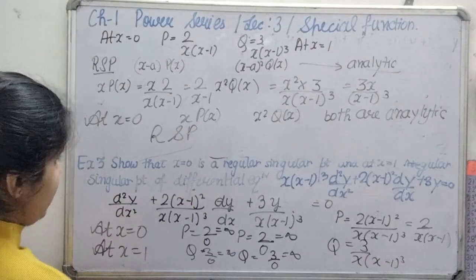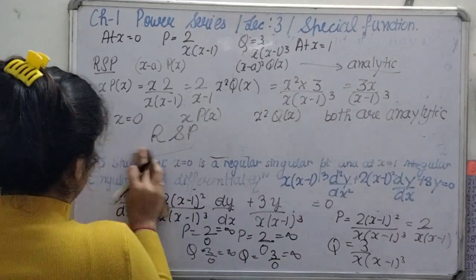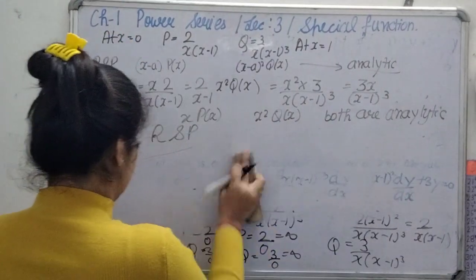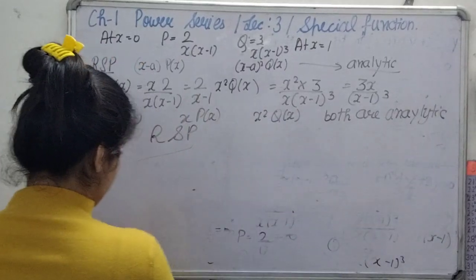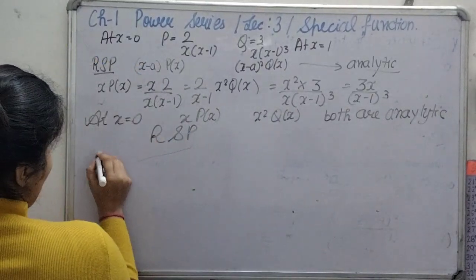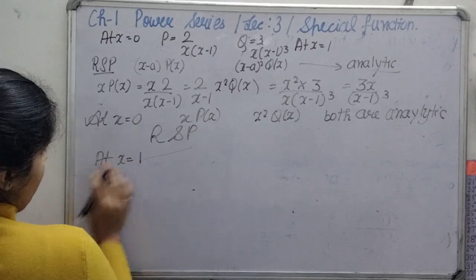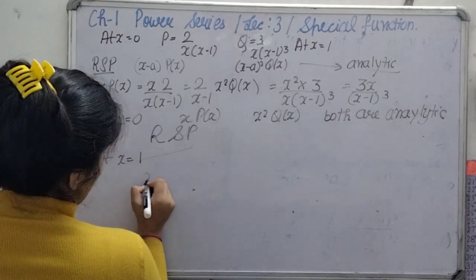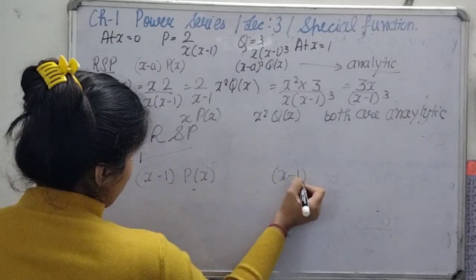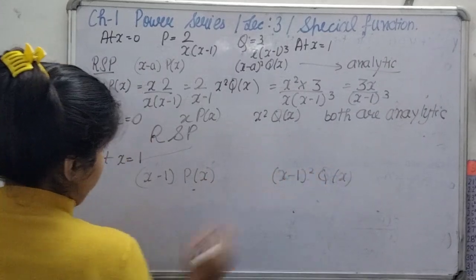Now let us check at x is equal to 1. Here we will take x minus 1 into px and x minus 1 square into qx.